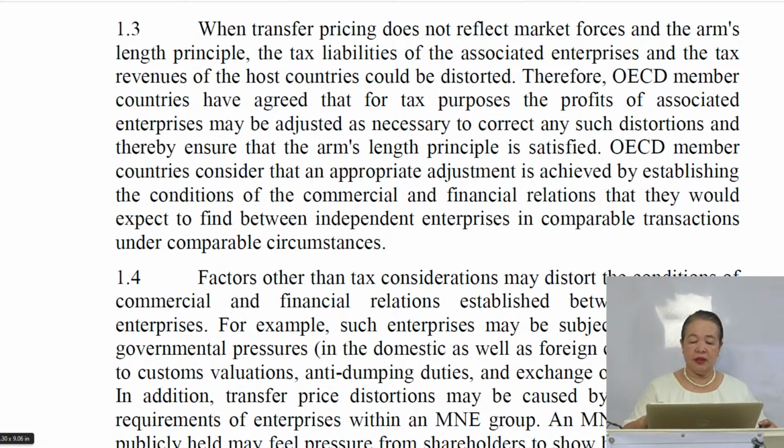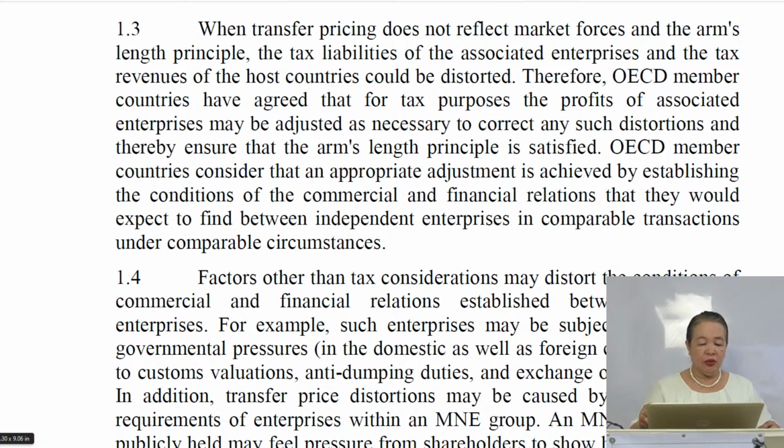Factors other than tax considerations may distort the conditions of commercial and financial relations established between associated enterprises. For example, enterprises may be subject to conflicting governmental pressures, because the government has regulations that must be complied with by the taxpayer, in the domestic as well as the foreign country, depending on where the enterprise has its operation.